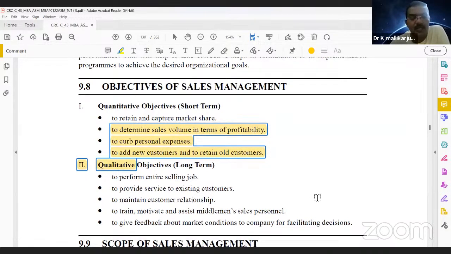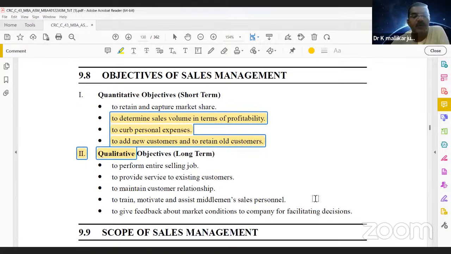The qualitative objective is a long-term objective, long-term based, to perform the entire selling job. This includes providing services to existing customers, maintaining customer relations, training, motivating and assisting middlemen and salespersons, and giving feedback about market conditions to the company for facilitating decisions.